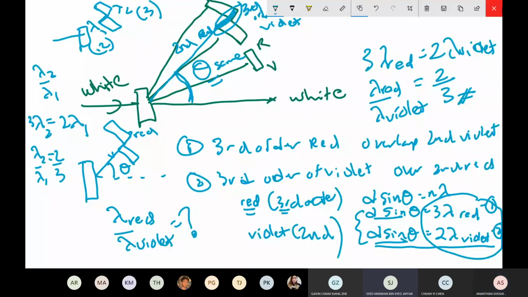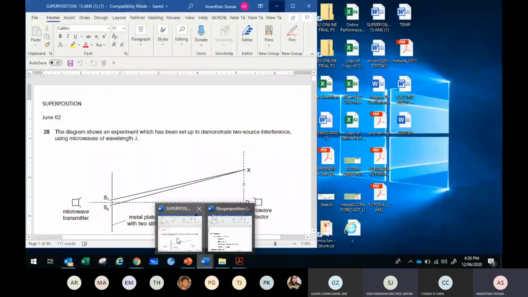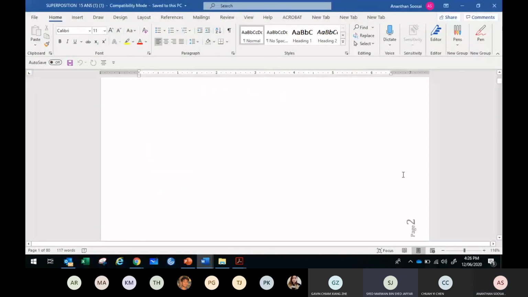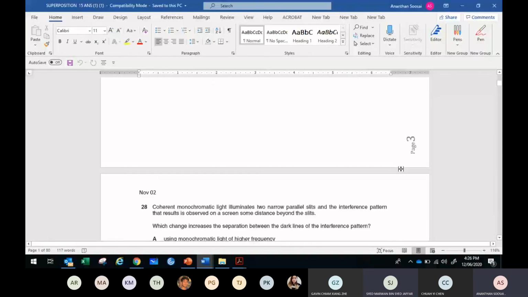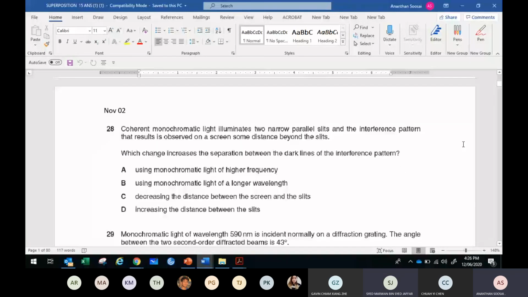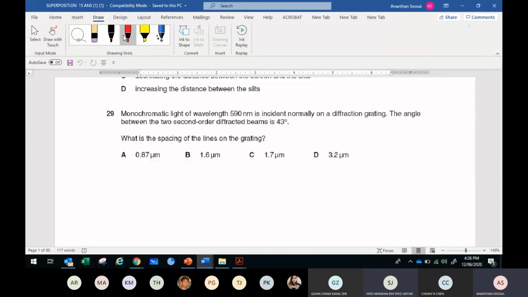Okay, so we go to one question. One past year question about diffraction grating. Okay, this question, page 4, question 29. Give me the answer. So d sine theta equals n lambda. Give me the answer for 29.